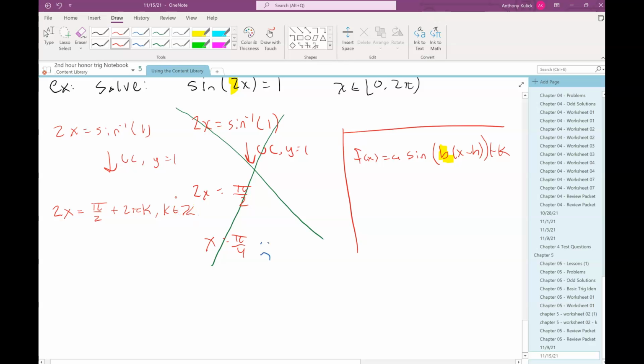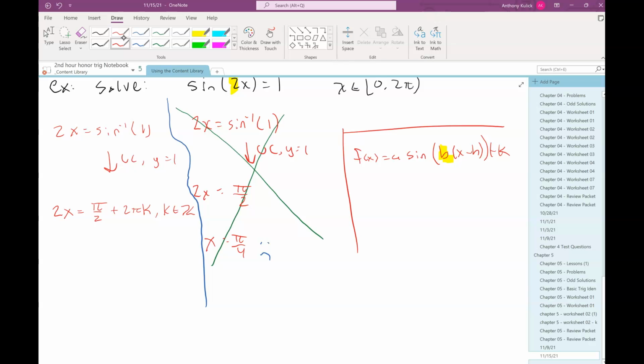I'm going to include the plus 2 pi k. Everybody's okay with that? Everything is the same except I'm including this plus 2 pi k.